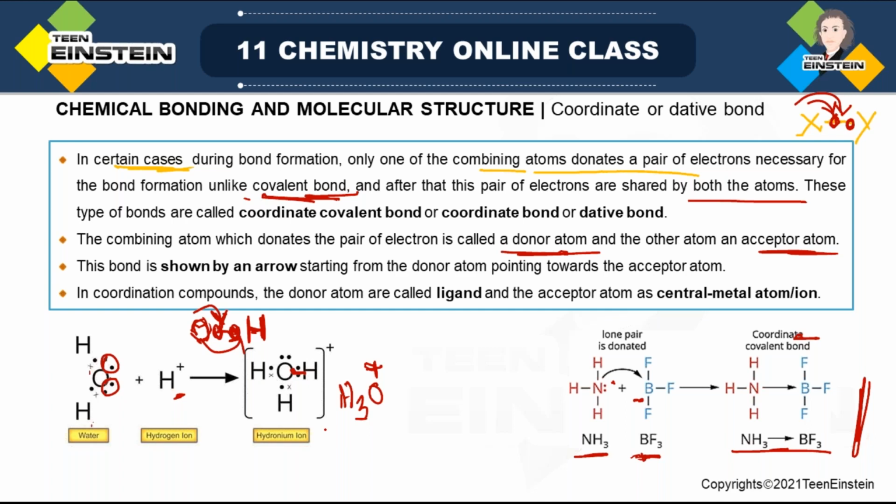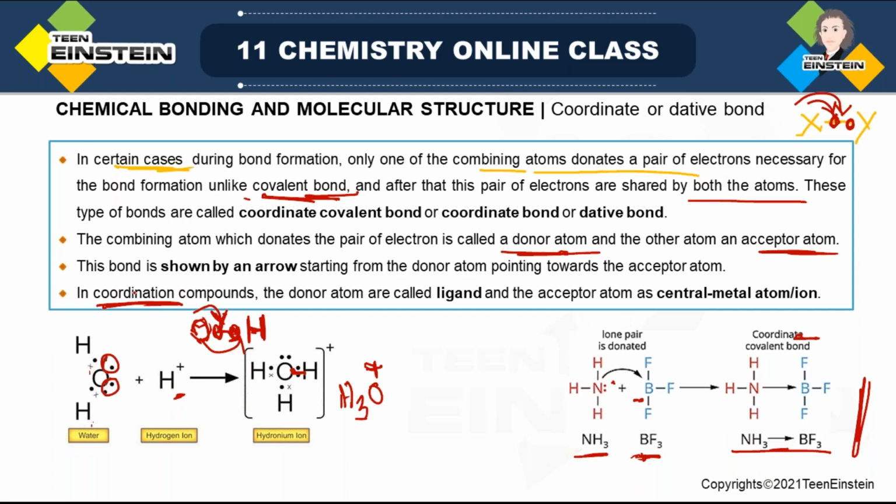And this type of bond has special significance in coordination compounds, which are basically compounds of transition elements. There is a separate unit for this type of compounds because their chemistry is versatile and different. So it is not included here. But remember, for coordination compounds, these types of bonds are very important. We call these compounds coordination compounds because in these compounds the coordinate bond plays a major role.